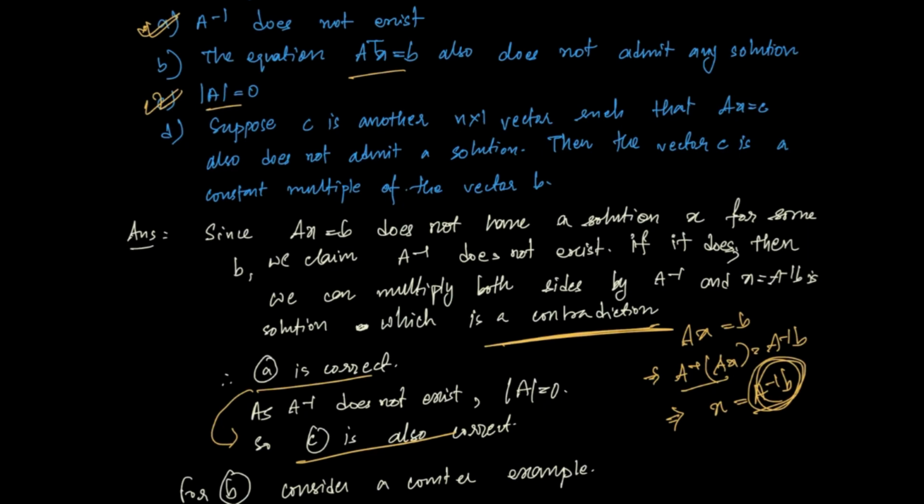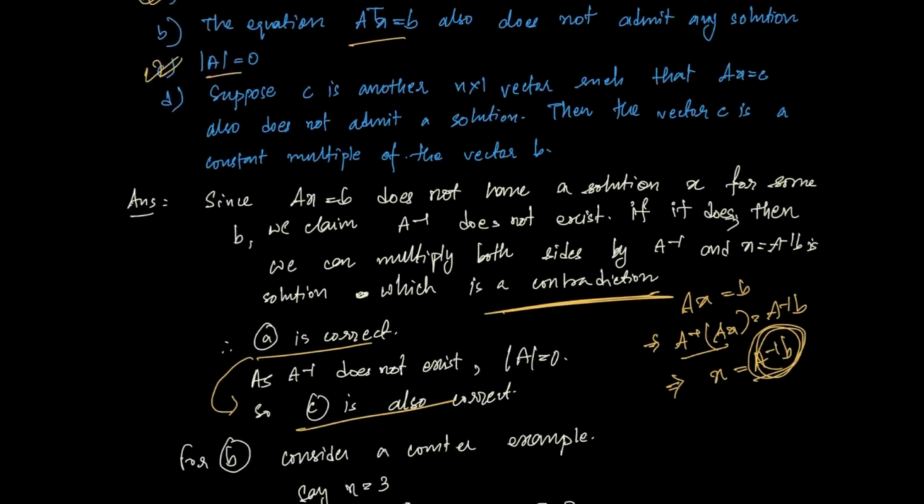A transpose is also another such function that goes from the same set to the same other set. But if A does not admit a solution, you cannot really say that A transpose won't admit a solution. And this has got nothing to do with A transpose also not having an inverse.